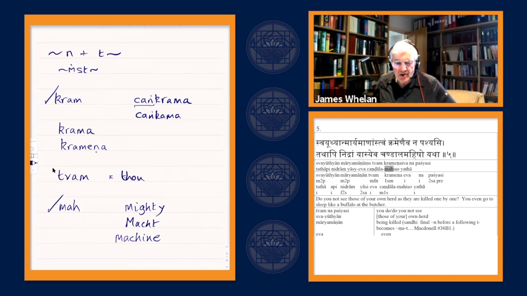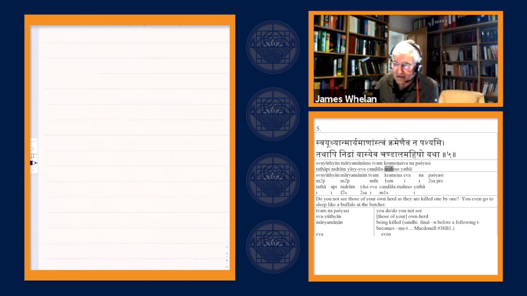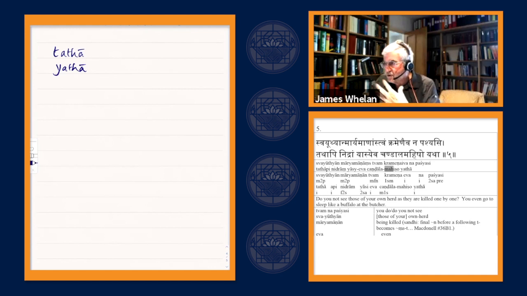So Mahisho Yata. Yata is "as". We've got the pair, tata, "thus". Yata is the correlative "as". For example, "do as I say": this yata tata is a very common pair.